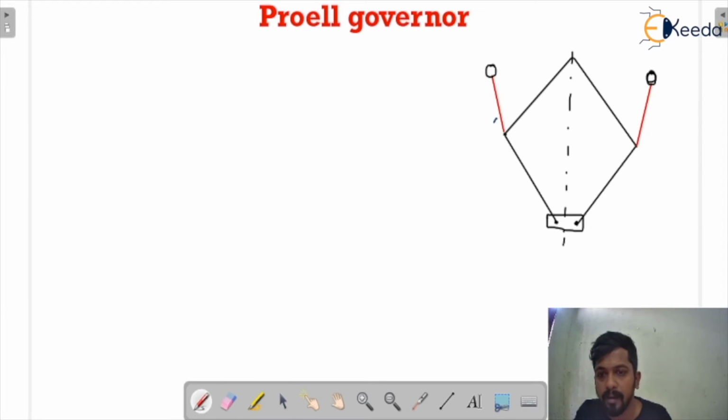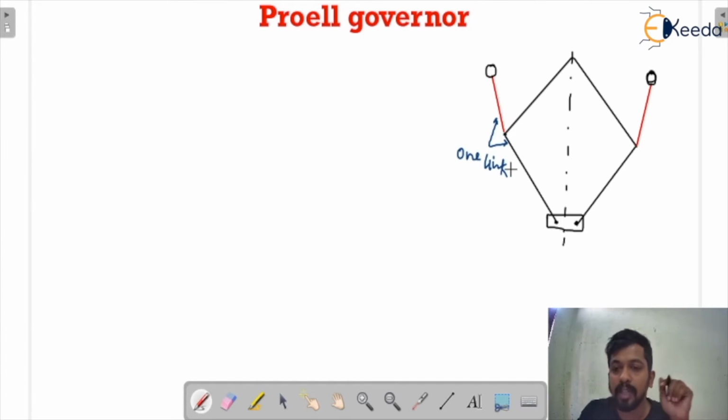So that's why this is completely one link, and since it is completely one link, its movement will not be changed during the movement.